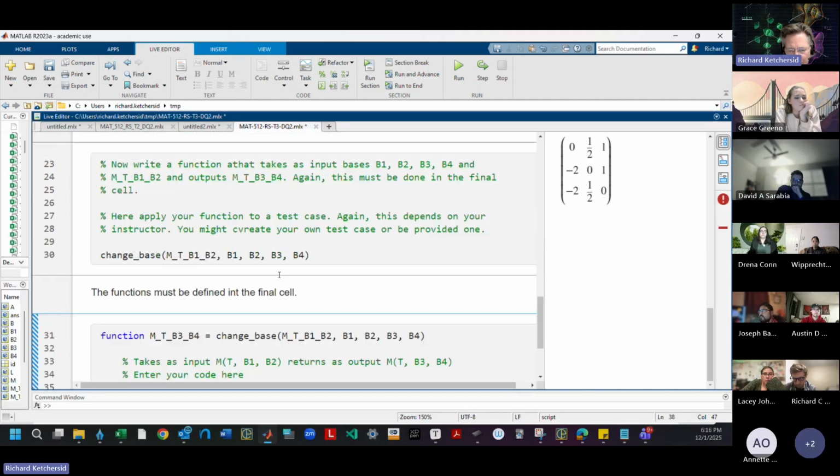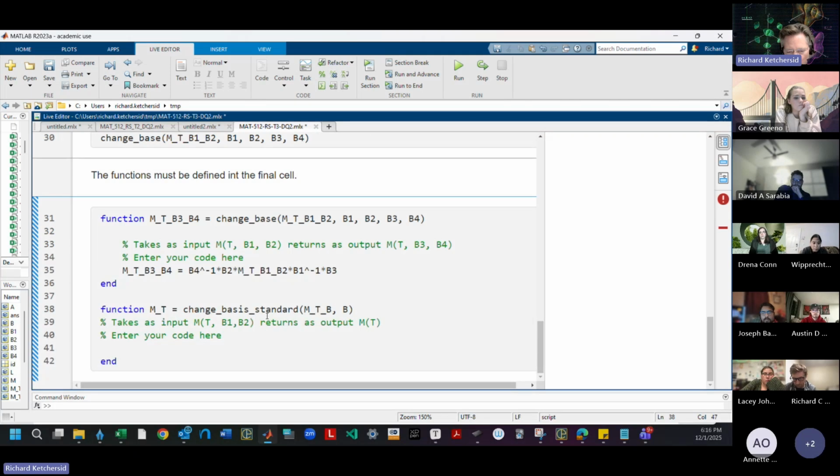How can you define, I mean, this is a good thing to do. Suppose I had one basis here, right? So now I'm in the situation where B1 and B2 are the same, because that's this case, right? Where B and B are both the same, right? And B3 and B4 are I, right? So I could just write this function, or I could reuse this function I have up here, right?